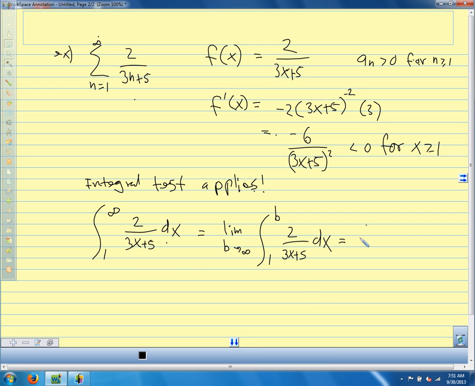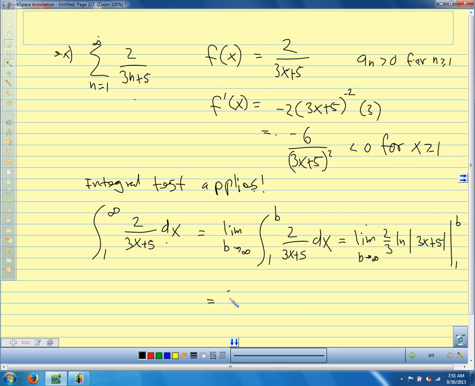Two-thirds. So I'm going to write the limit as b approaches infinity of 2/3 natural log of 3x plus 5, and we're evaluating that on 1 to b. And we don't technically need the absolute value because x is greater than 1. So we always get a positive number in there.